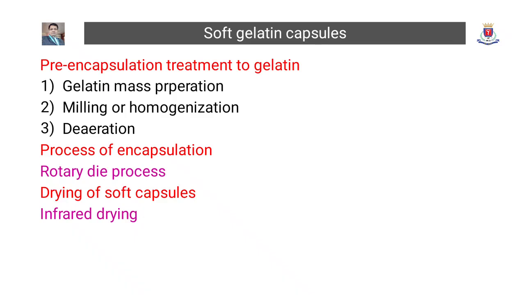The resultant fluffy mass is transferred to melting tanks and melted under vacuum. The mixing process requires about 25 minutes for roughly 270 kg of mass. The mass is then maintained at a temperature of 57 to 60 degrees centigrade before and during the encapsulation process.